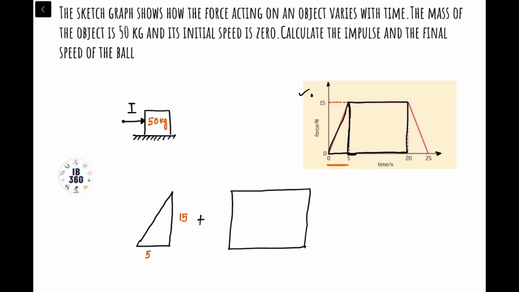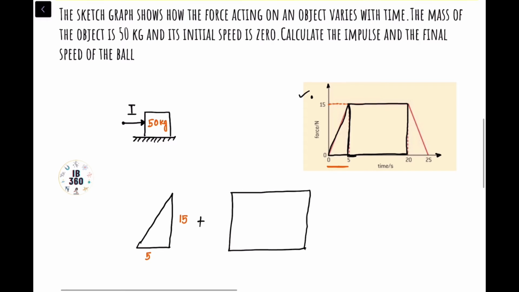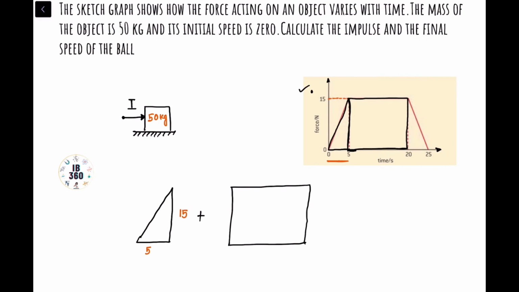The graph is spanning from 5 to 20, so the length will be 20 minus 5, from here to here, which is 15. So the length of this rectangle will be 15 meter. What is the height of the rectangle? The height of the rectangle is also 15 meter, this side.